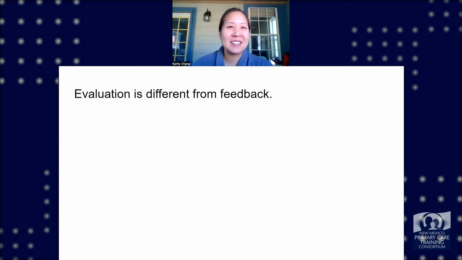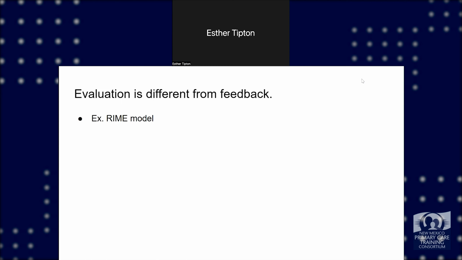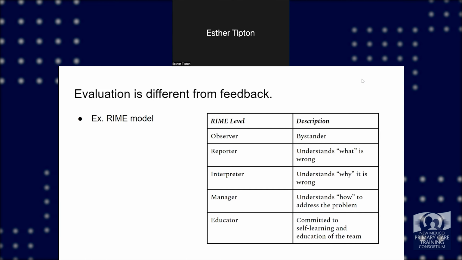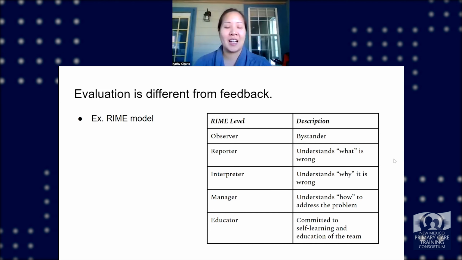So then the basic concept being that evaluation is different from feedback, right? To give feedback, you need to first evaluate where the learner is. Have we heard of this RHYME model? I have not. No. So this is the cheat sheet, and I have all the references for these at the end for you.